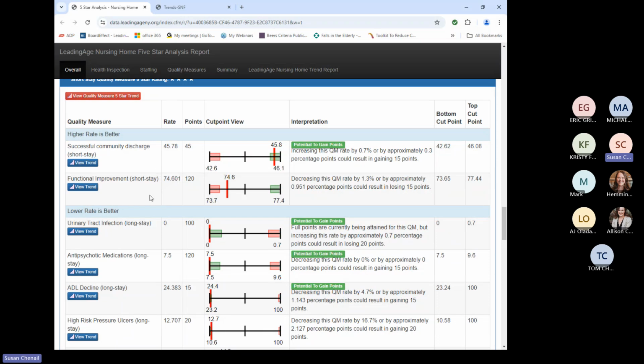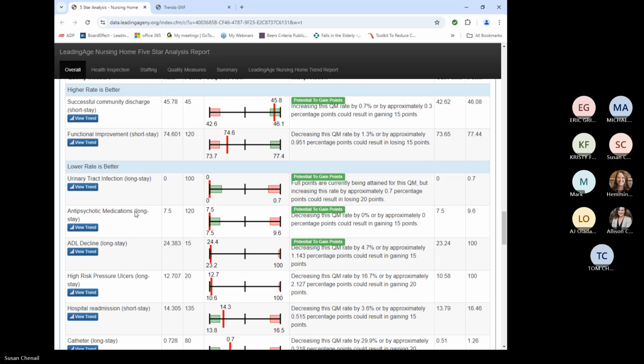The top 2 are positive measures, which means a higher rate receives more points, and all of the rest are negative measures, meaning a lower rate means better performance and more points.